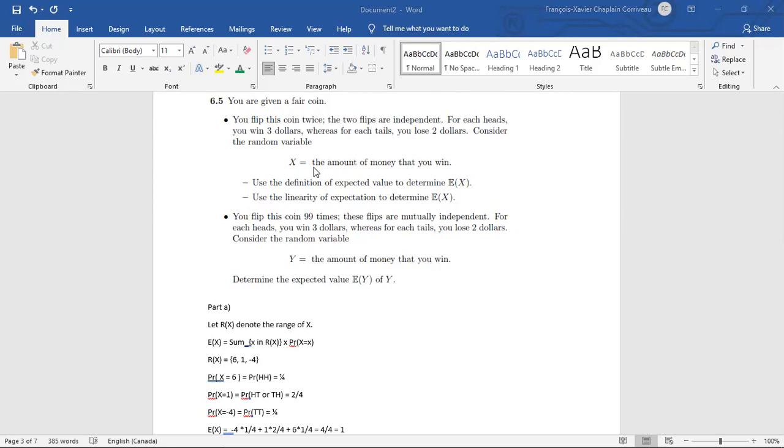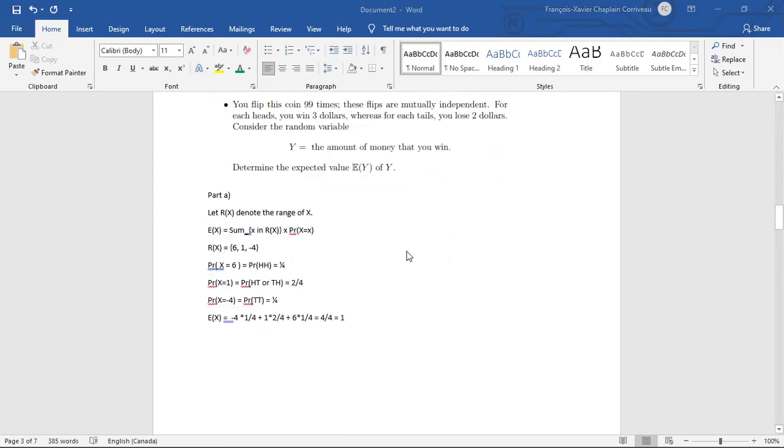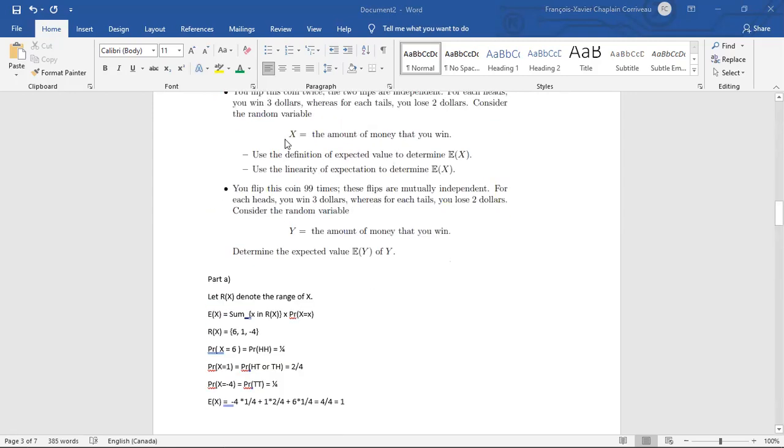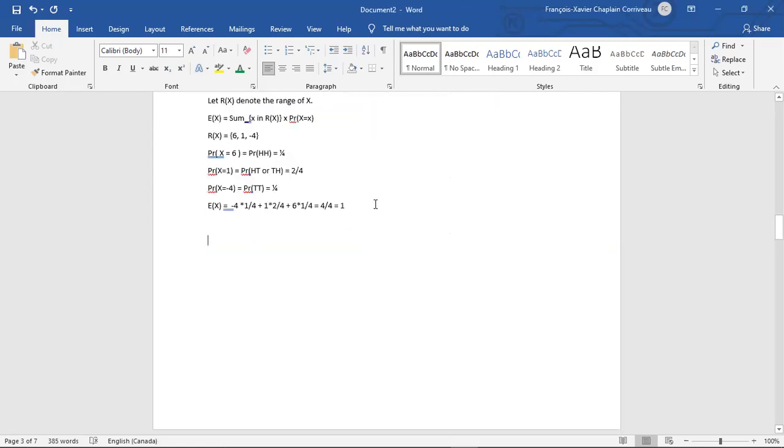So here, one thing that we could do is define 2 other random variables, right? We could say let y be equal to the number of heads, and w is equal to the number of tails.